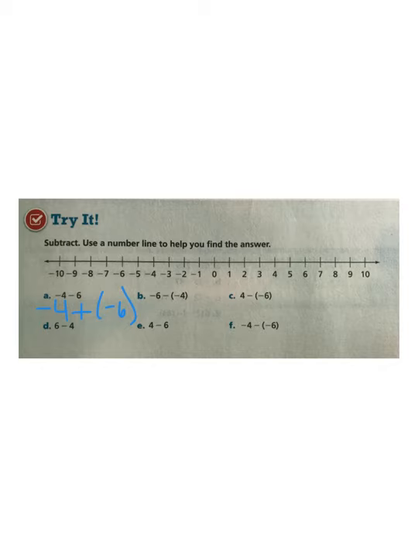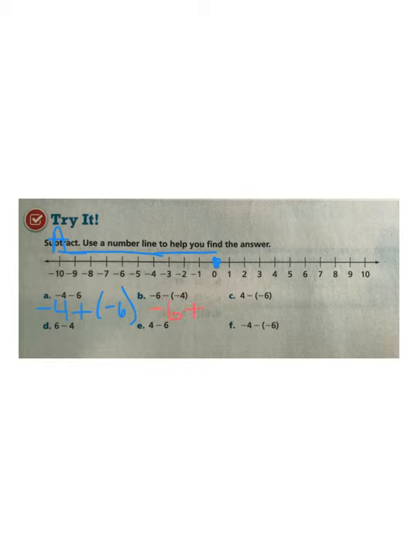If we wanted to represent that with our number line, we start at 0 always. We're going to -4, and we're going 6 more spaces, negative, and your letter A would end up at -10. Let's go ahead and look at B. We are going to keep our -6.